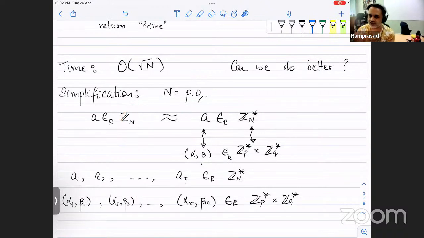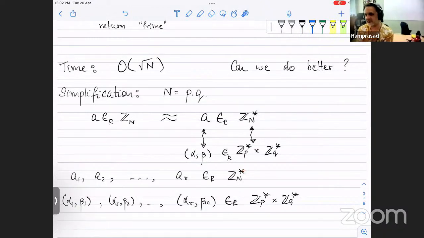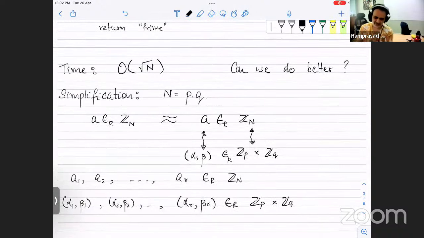The chance that one of these Ais happens to be not co-prime to n is so minuscule, like 1 by root n or something. So the chance that any of them is not co-prime to n is small enough that I'm just ignoring it. Everything I'm saying, you might as well remove the stars, it's not a big deal. So let me just remove the stars completely, in case it confuses things, because the star is not helping me in anything.